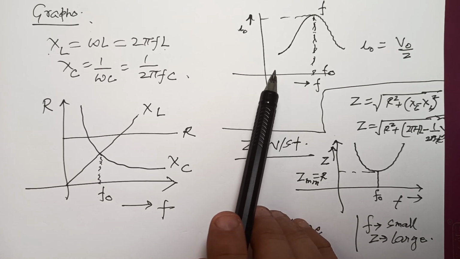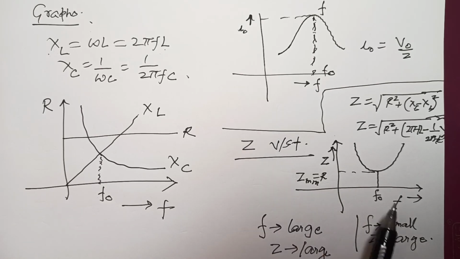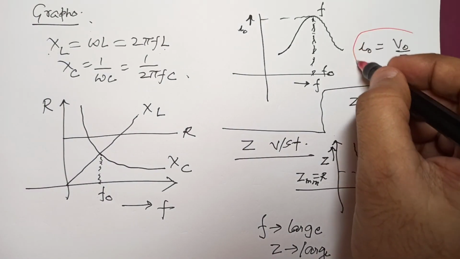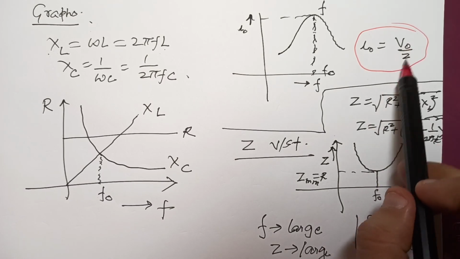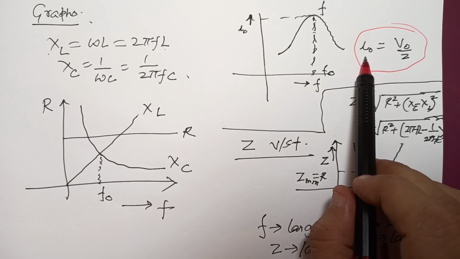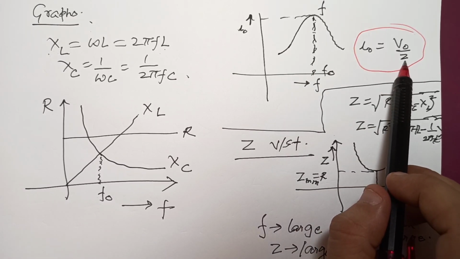When frequency is low, if you look at this formula, I naught is equal to V naught by Z. I naught can be low in both the cases when Z is very high.